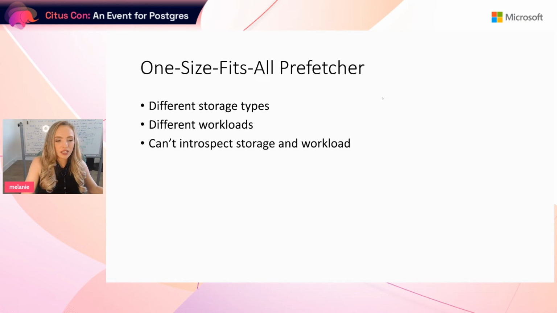And the catch is that we don't know what the max IOPS are. I mean, sometimes you do when you provision a machine, you might know. But the goal is to have a prefetcher that doesn't introspect or have all the stats about the environment, but uses feedback to adjust.